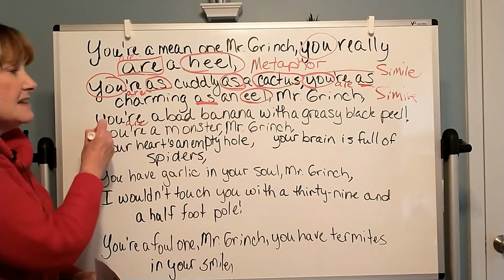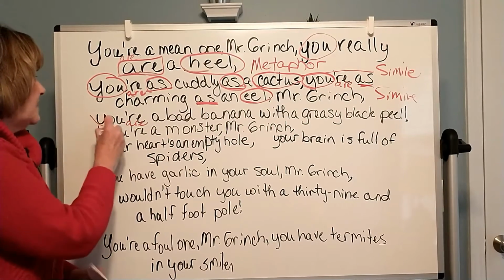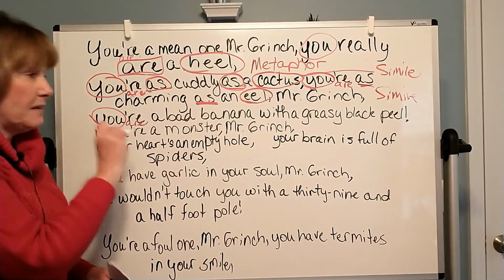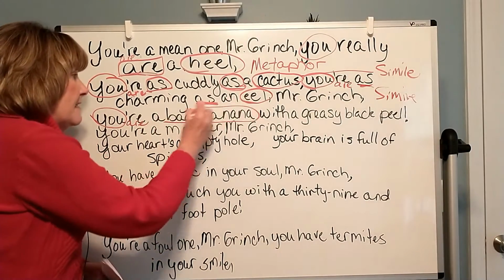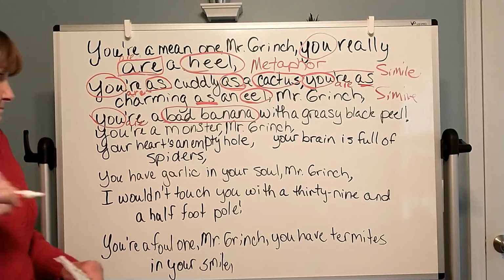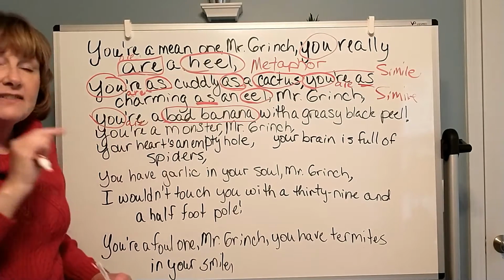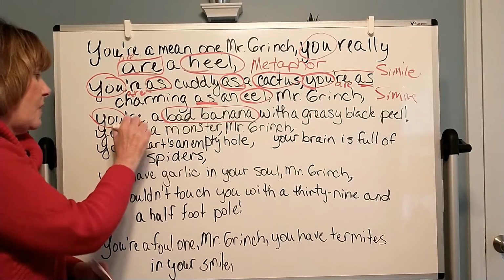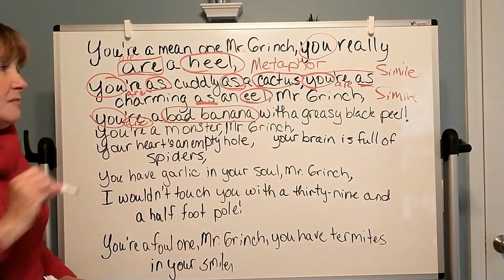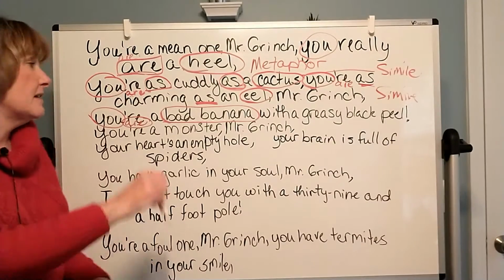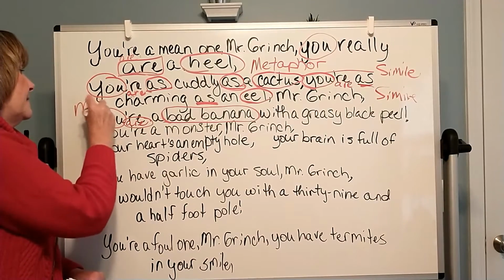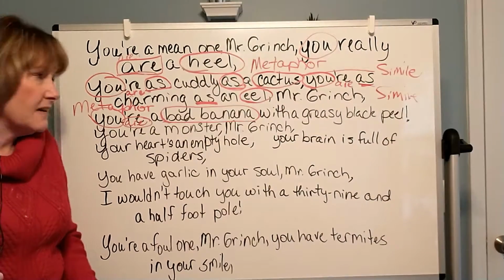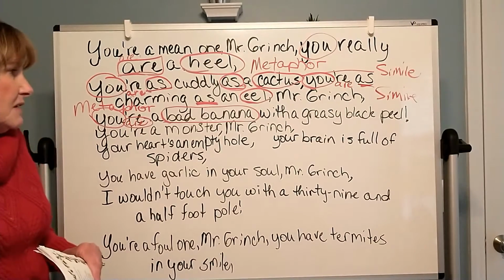So we're saying that he is something. And what does it say he is? I hope you're telling me that he's a bad banana, right? So we're comparing him to a bad banana. We're not saying he's like a bad banana. We're saying that he is a bad banana. You are a bad banana. And because we're saying he is something else, that makes this a metaphor. So I hope you're catching on between the difference between a simile and a metaphor.